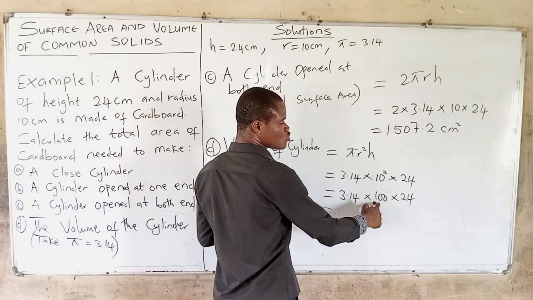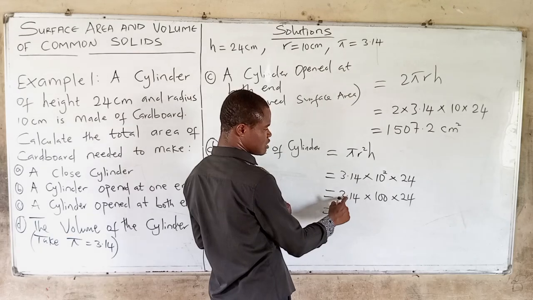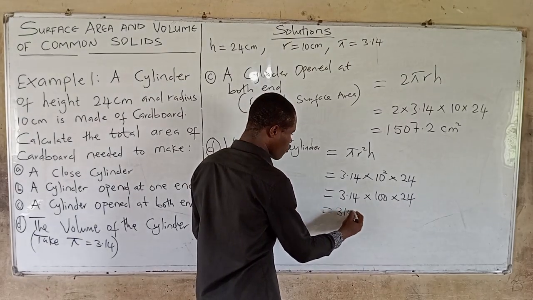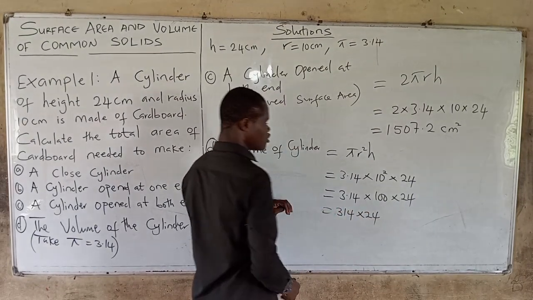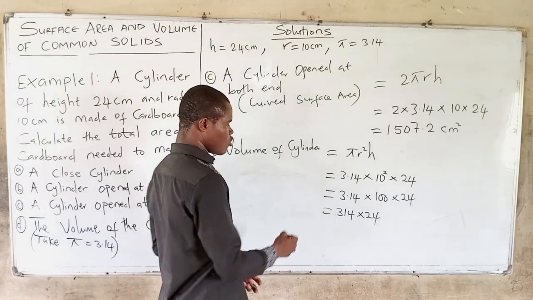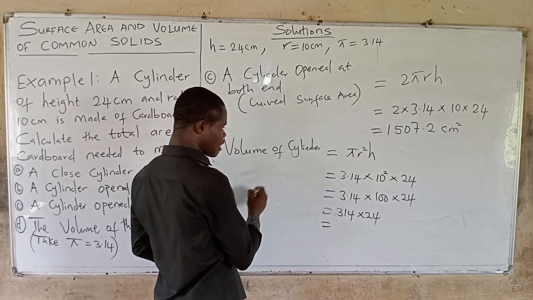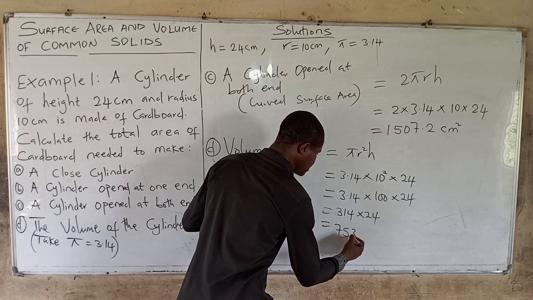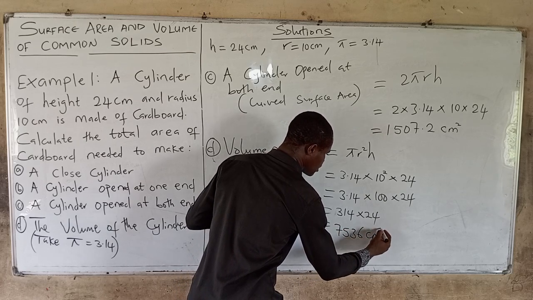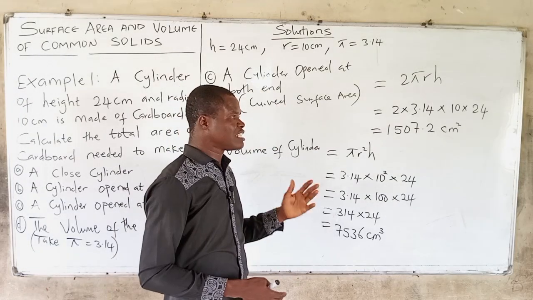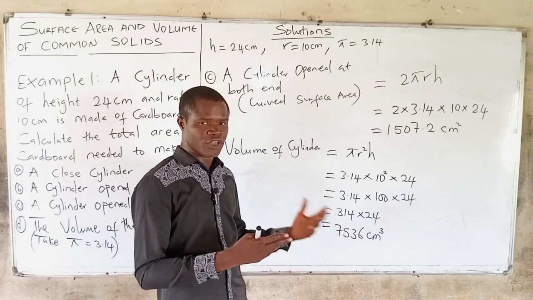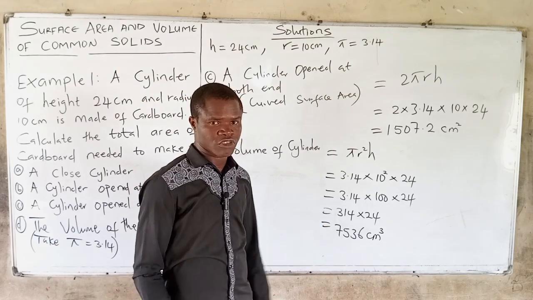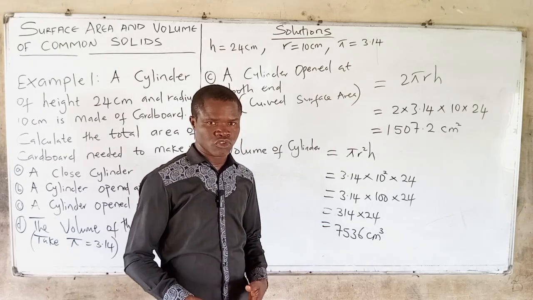Because we have 2 zeros, I'm going to move this point 2 places outward. It becomes 314 times 24. If you do the calculations, we are going to get 7536 centimeter cube. Please don't forget, centimeter square are units for areas and centimeter cube are units for volumes. Let's look at example number 2.